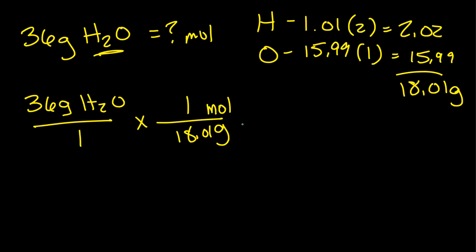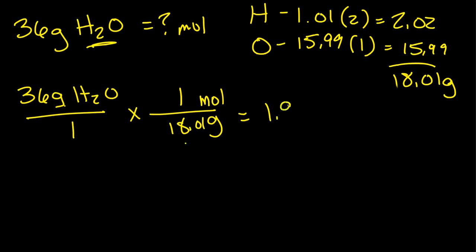Now just follow the math. 36 divided by 1 times 1 divided by 18.01. I get 1.99. 1.99 what? Got to include units. So grams cancels out, leaves us with moles. So 1.99 moles of H2O.